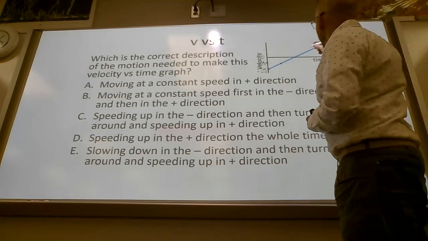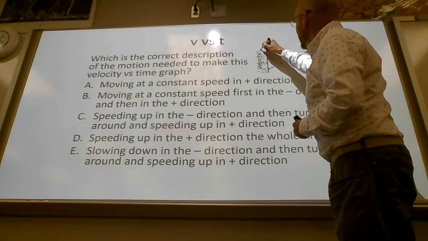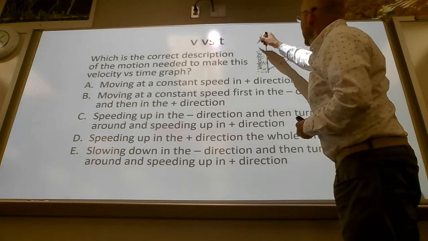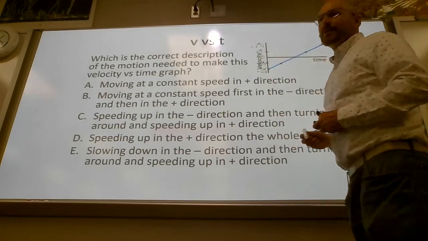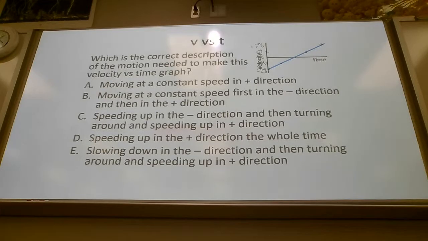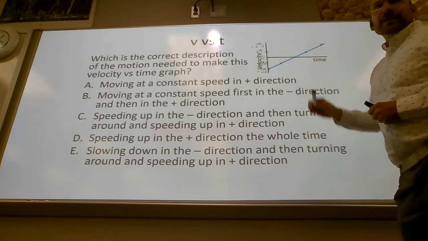Then here we're going 1 meter per second in the positive direction. 2 meters per second in the positive direction. So now we're speeding up in the positive direction. Good? Where do we turn around? When we cross from negative land to positive land.